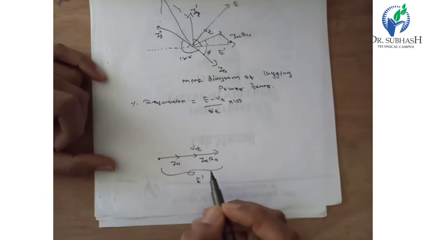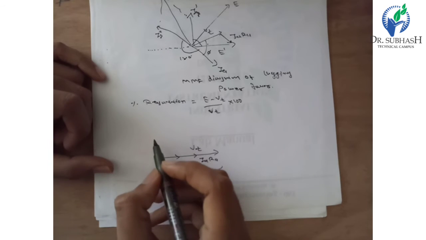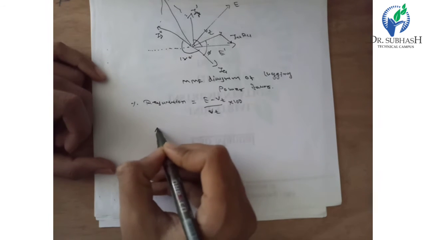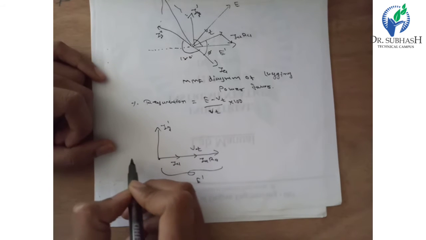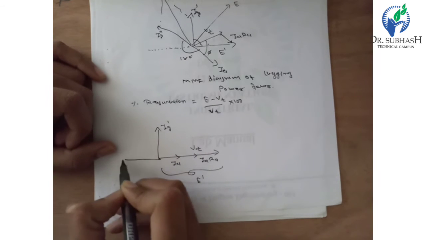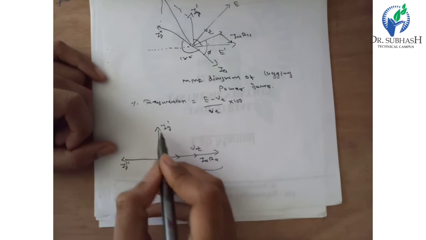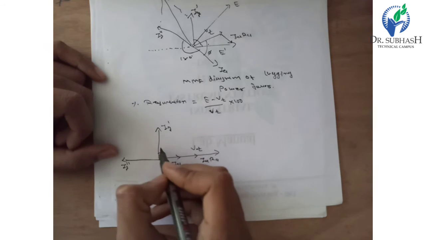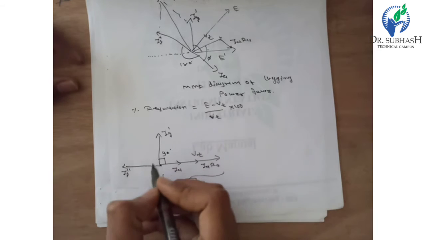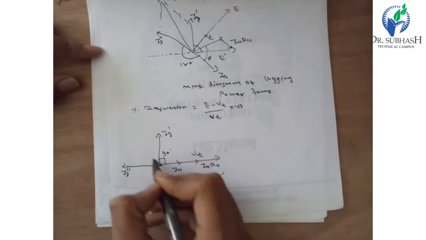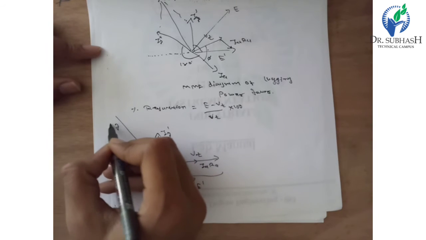For the field current, we write IF dash at 90 degrees, and IF double dash is also at 90 degrees with it. Here IF and the terminal voltage angle is 90 degrees, and the resultant of IF dash and IF double dash is the total IF.